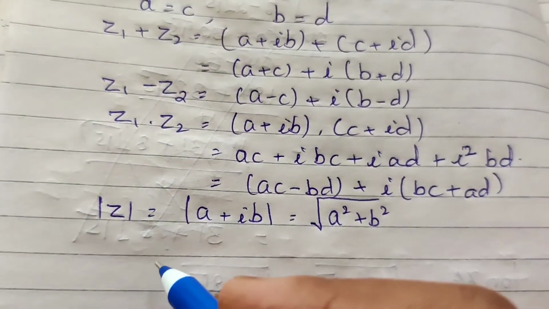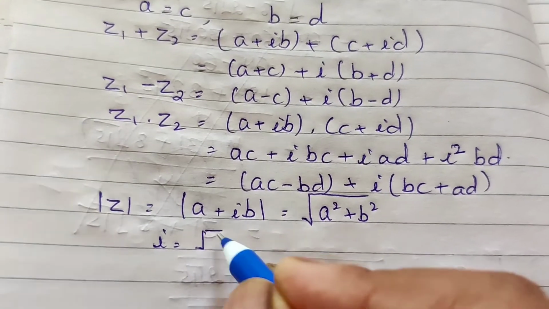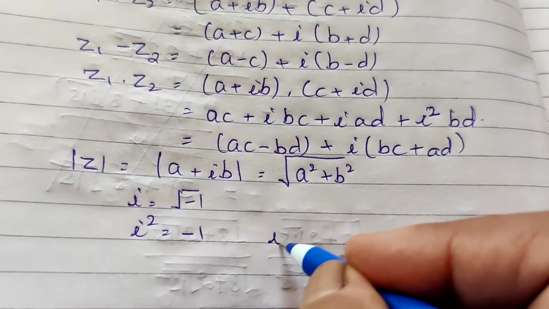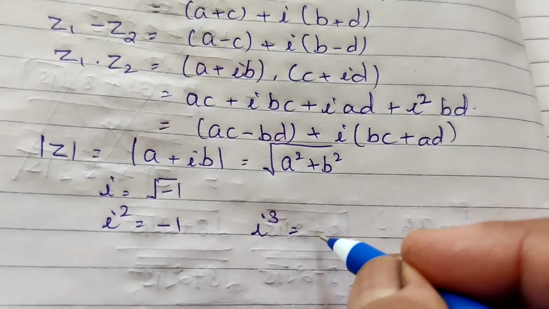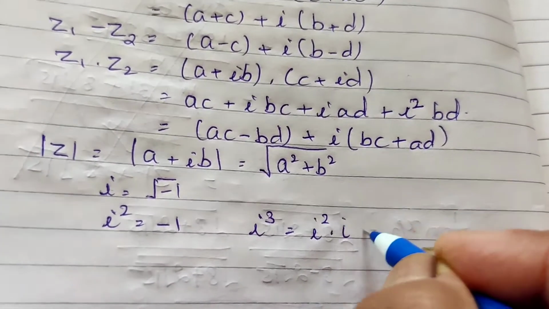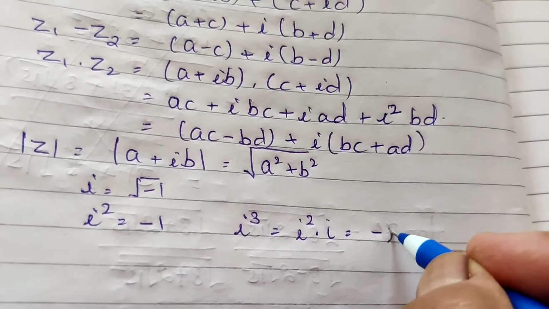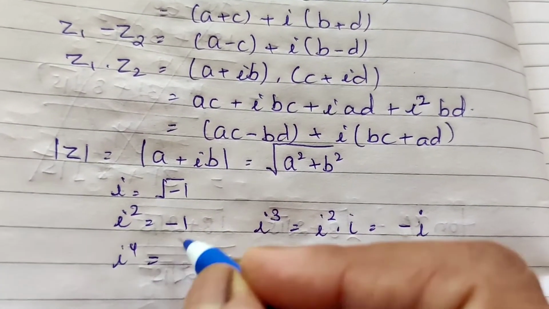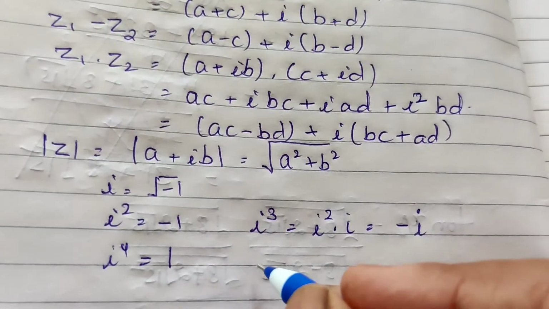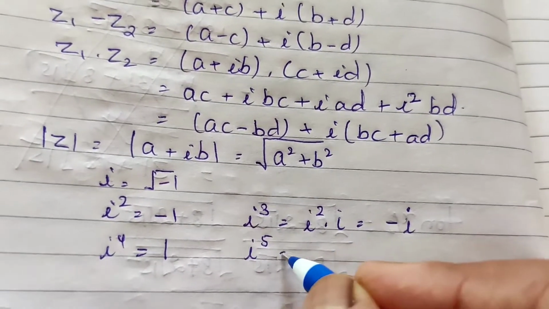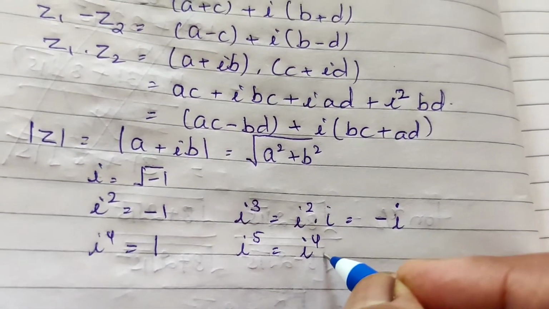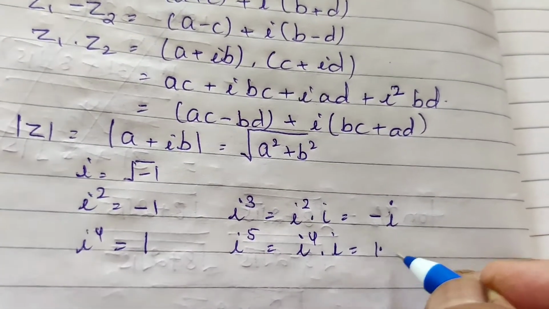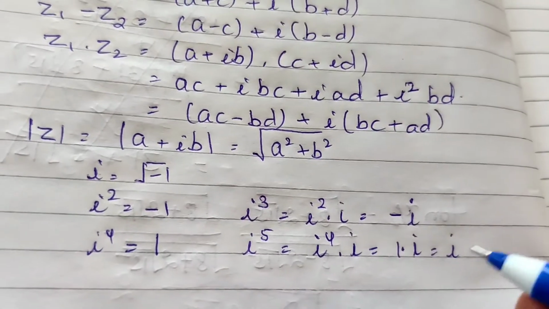And the same i equal to root -1, i square equal to -1, i cube is equal to i square into i, it means minus i. i cube equal to minus i, and i raised to power 4 is minus 1 square, which is 1. i raised to power 5, we can write i raised to power 4 into i, it means 1 into i equal to i, and so on.